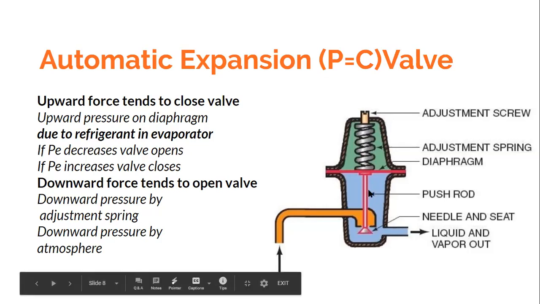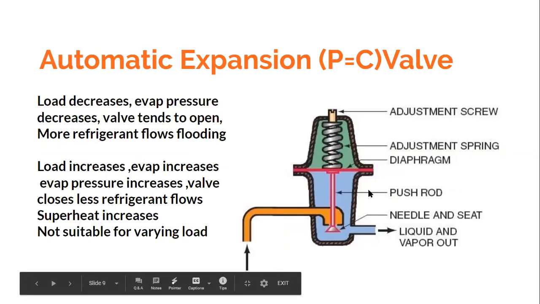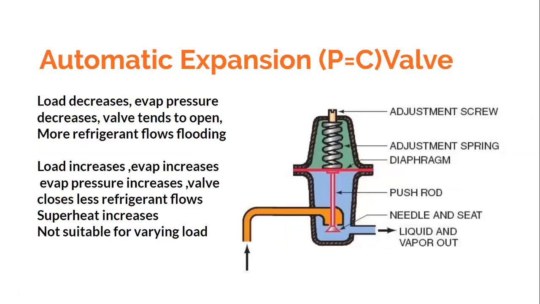What happens when the load decreases? Now what is the disadvantage of this? The advantage is that it maintains constant pressure. But how it responds to the load has to be clearly understood. So load decreases, what would happen? When the load decreases, the evaporator pressure would decrease. The evaporator pressure is the upward pressure.